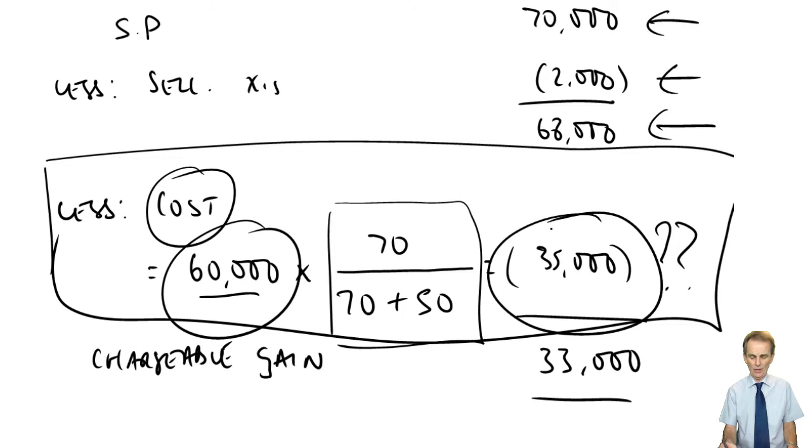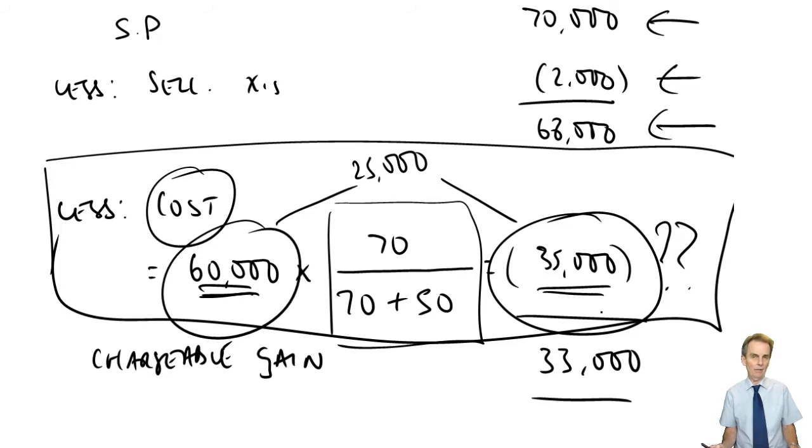That was, as we've seen here, £35,000. So as soon as that happened, it meant that the cost of the remaining part would be the balance of £25,000. Of 60, we have expended 35 on that first disposal. So the second disposal of the remaining part of that property must have an allowable cost of 25.